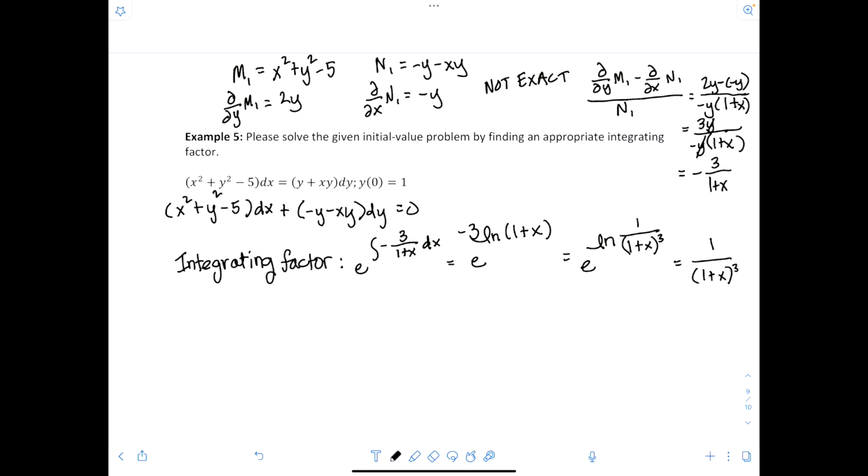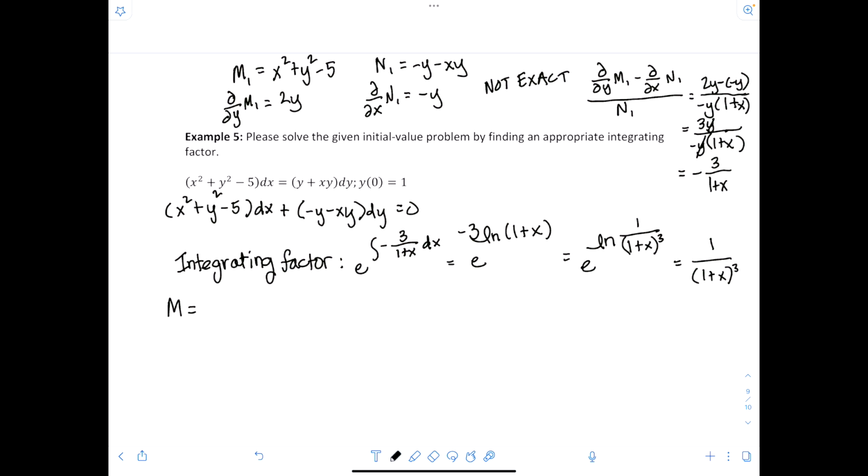All right. Now, this will allow us to have a new m and n. Okay? So now we are going to have our m, and we're basically multiplying both sides of the equation by 1 over 1 plus x cubed.